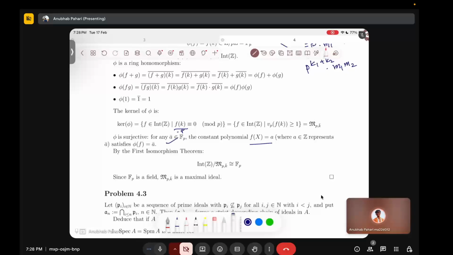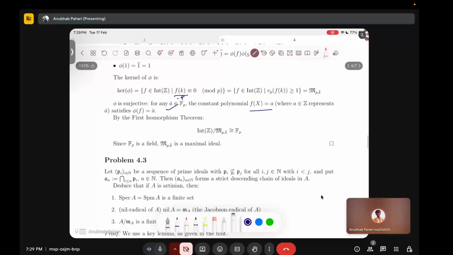So by the first isomorphism theorem, Int(Z) mod kernel is isomorphic to F_p, but we showed that the kernel is M_{p,k bar}, and therefore since F_p is a field, it is a maximal ideal, because you know that for commutative rings with unity, if you quotient out by a maximal ideal, it should be a field.